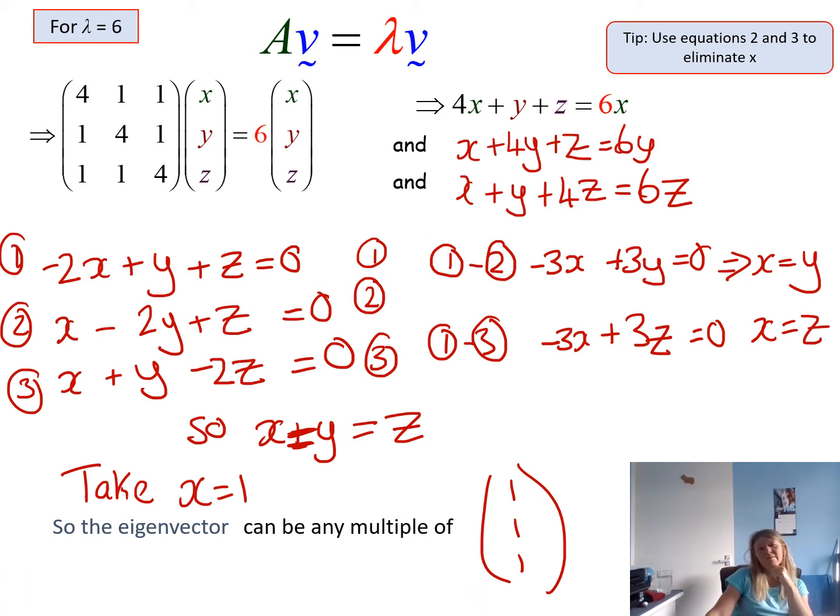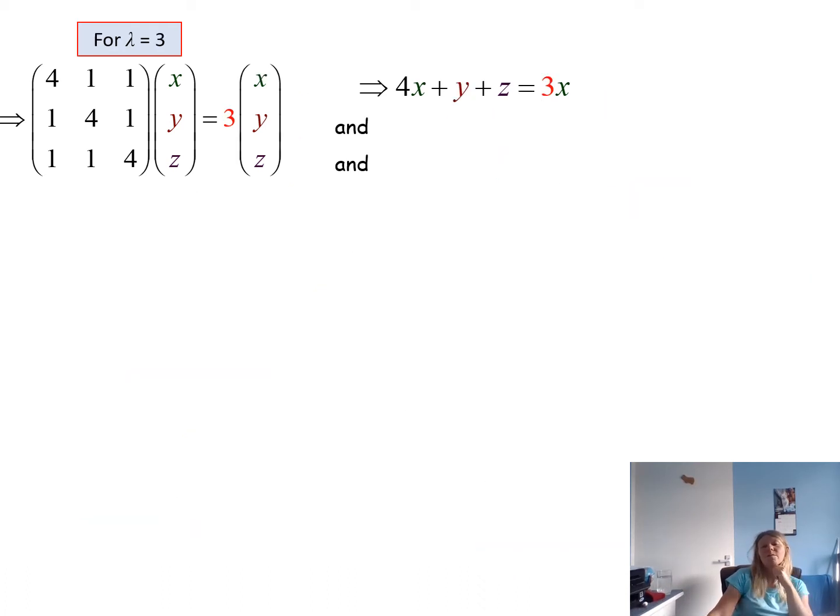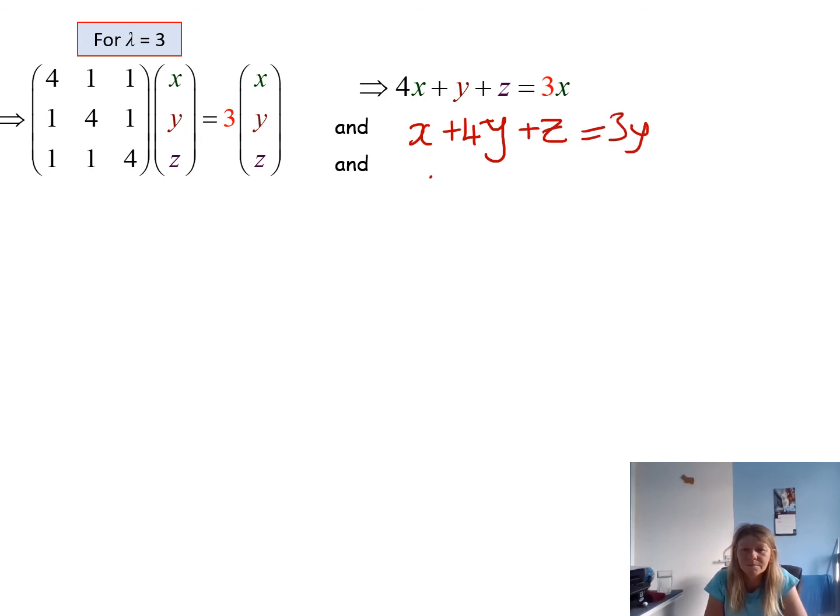So we found the eigenvector for lambda is 6. Now what's the problem with lambda 3? Let's see. So if we multiply this one out, okay.